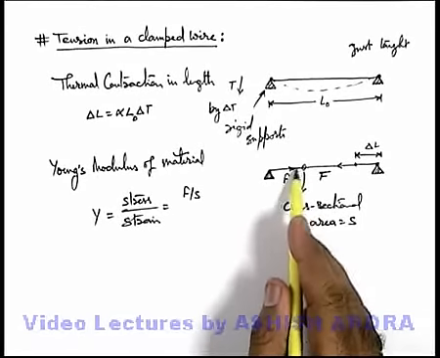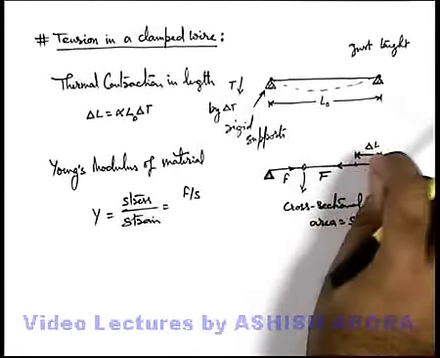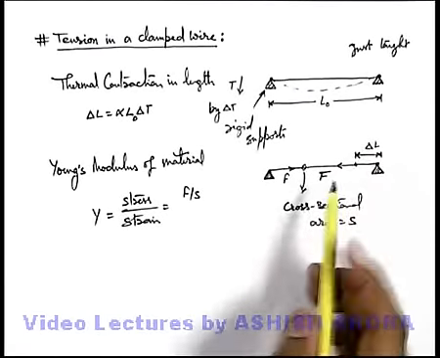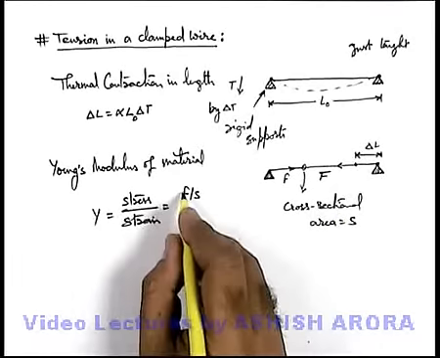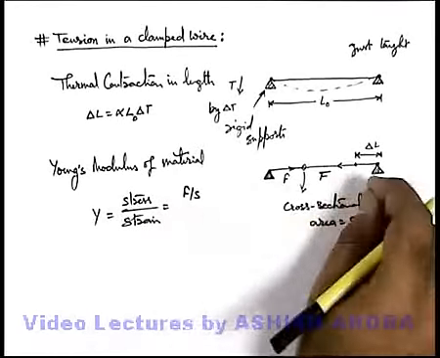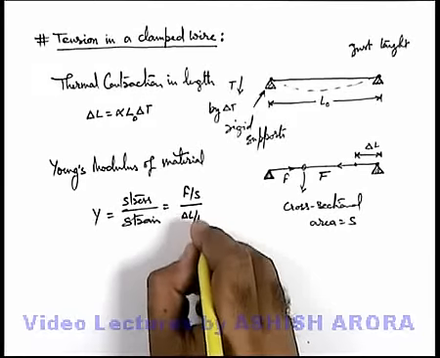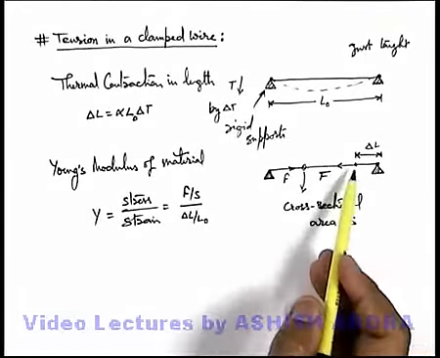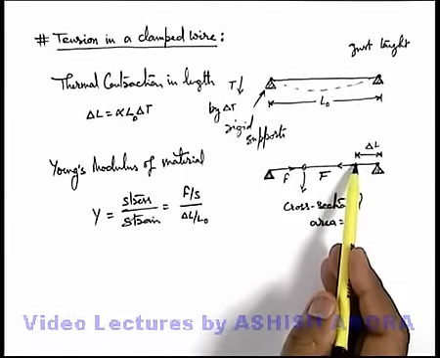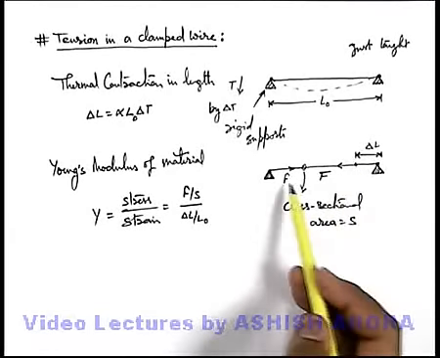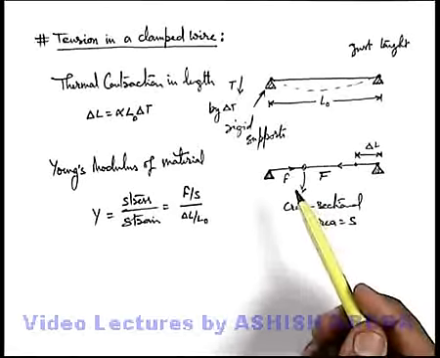So the stress developed in the wire due to elastic elongation is F by S, because F is the tension developed due to elastic elongation, and the strain can directly be written as delta L by L0. Or instead of L0 you must write the initial length as L0 minus delta L, which can be taken approximately as L0.